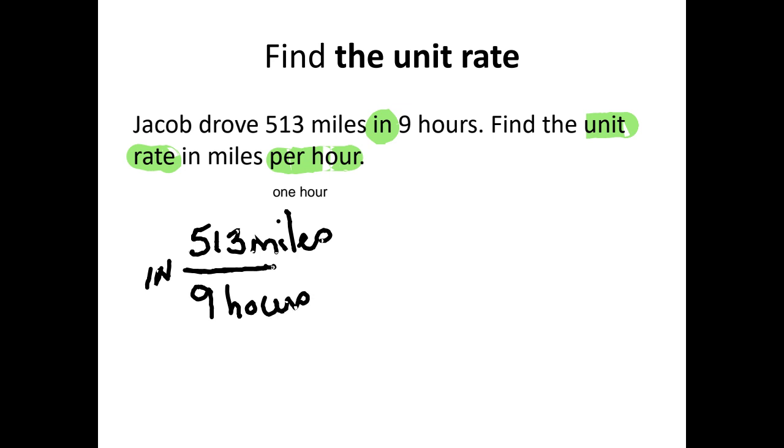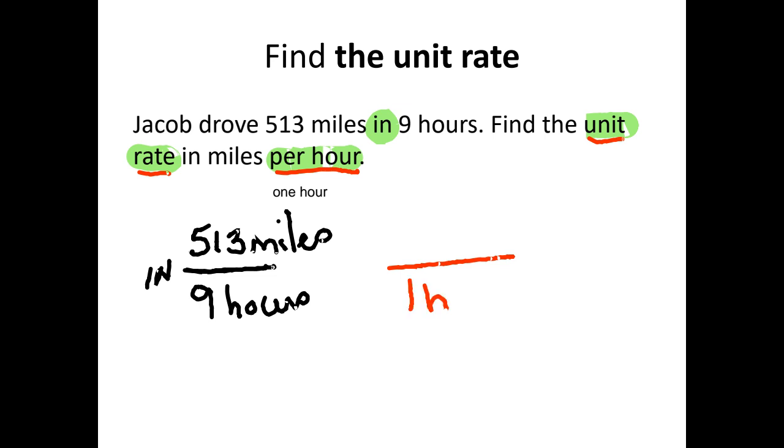Well, then going to the second sentence. Okay, this is where it gets interesting. Unit rate means that down here on the bottom, I've got to have per hour or 1 hour down here.